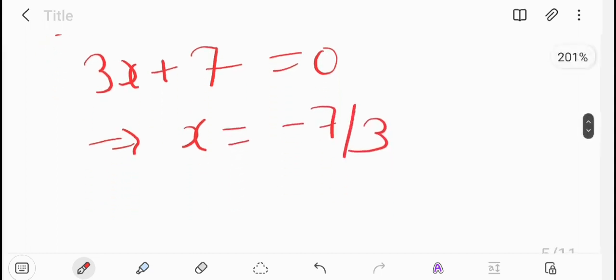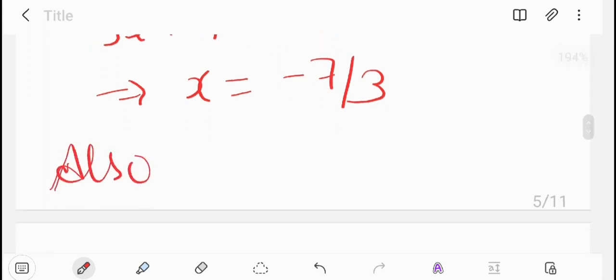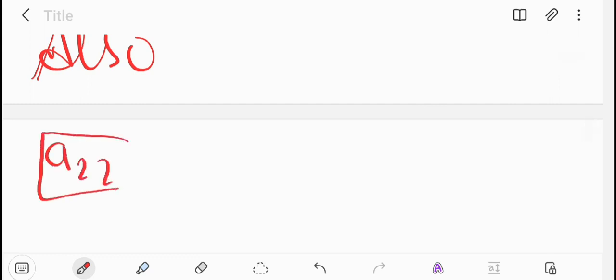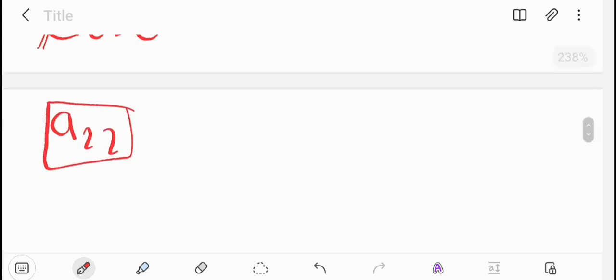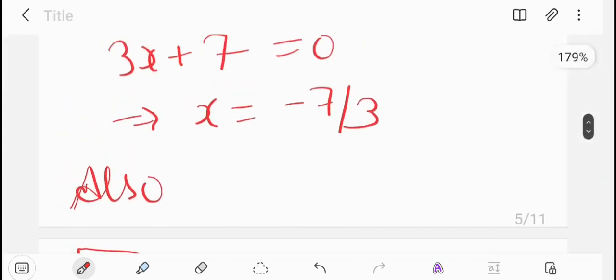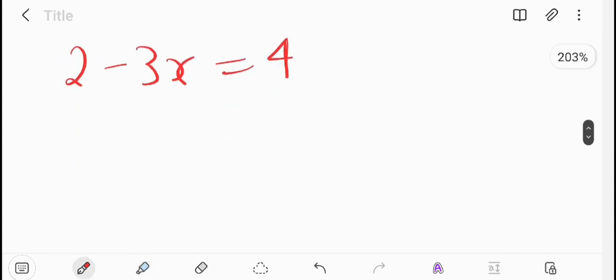Now, also by comparing the A22 entry, you can write that 2 minus 3x is equal to 4. But the value of x I have already calculated here as x is equal to minus 7 by 3. Let me substitute it here and check whether it is satisfying or not.